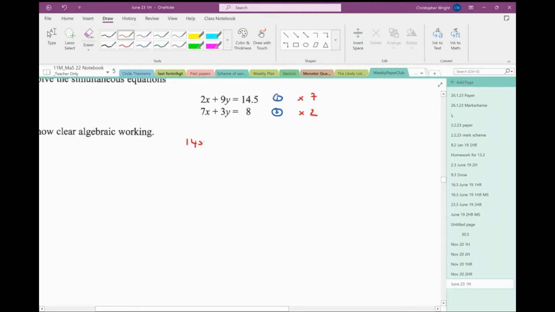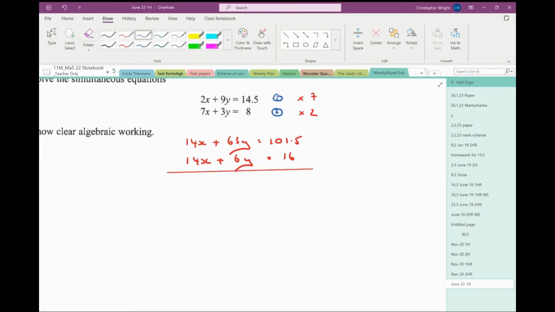Gives me 14x plus 63y equals 7 times 14.5, 101.5. And I'm going to multiply the second equation by 2, gives me 14x plus 6y equals 16. So now I'm going to subtract my equation.